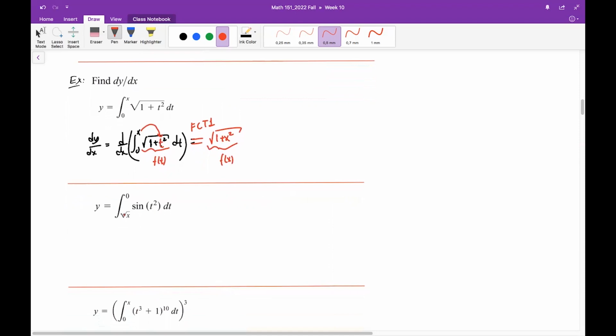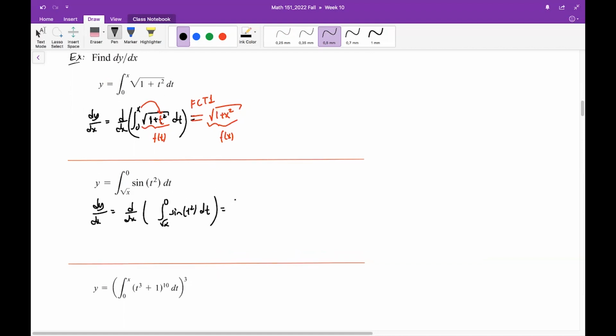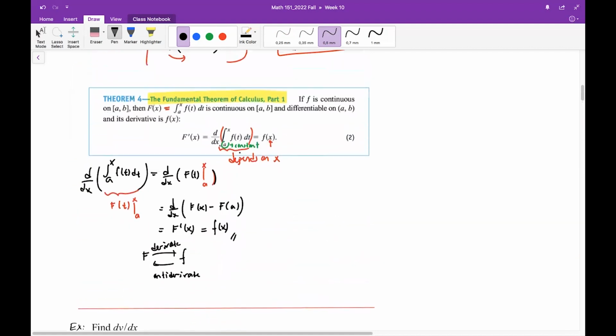And let's look at this one. Here, it still fits the structure. We want to take the derivative of the given y function in terms of x. Okay, d over dx of this integral. You should be careful about the structure of the integral here. The constant should always be at the bottom, at the lower boundary, okay?